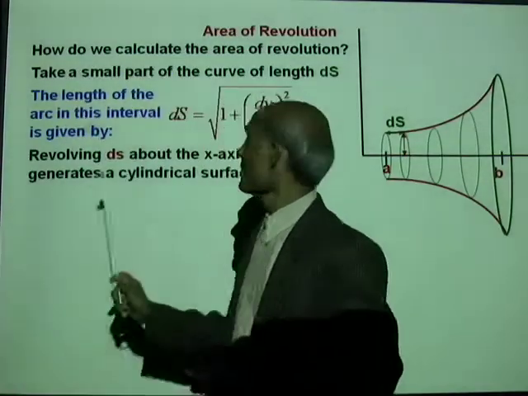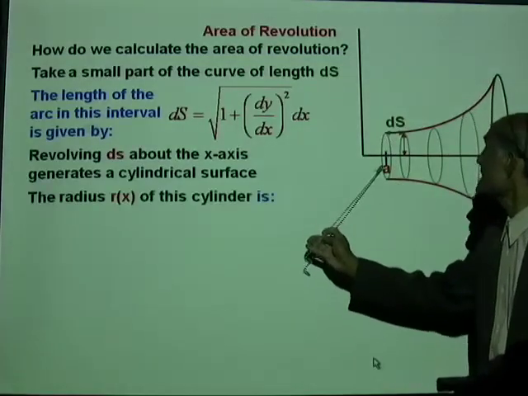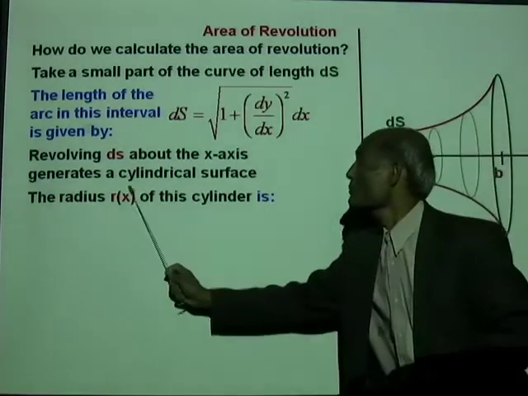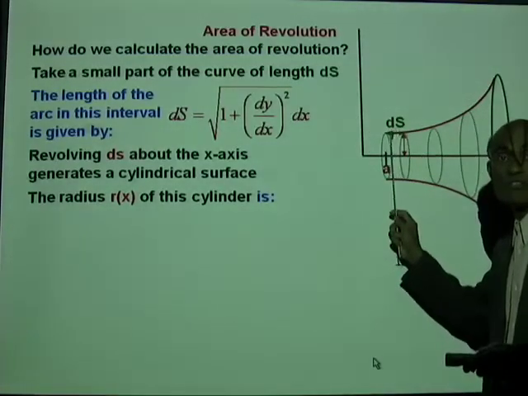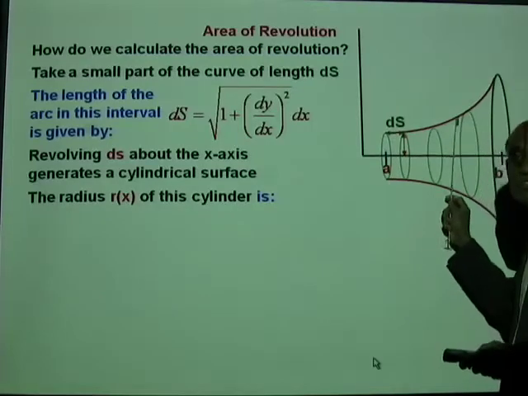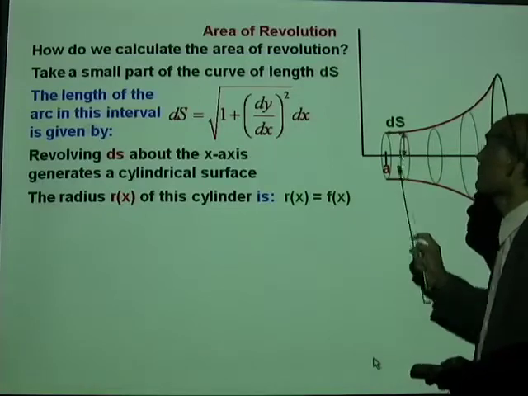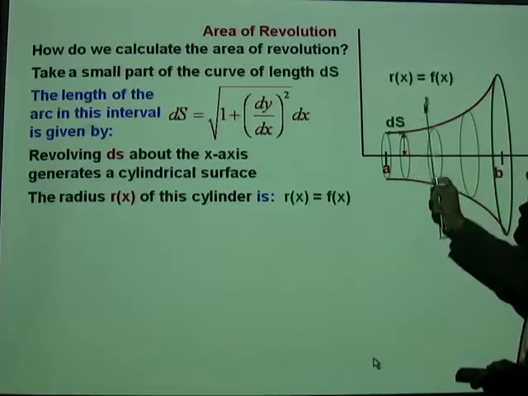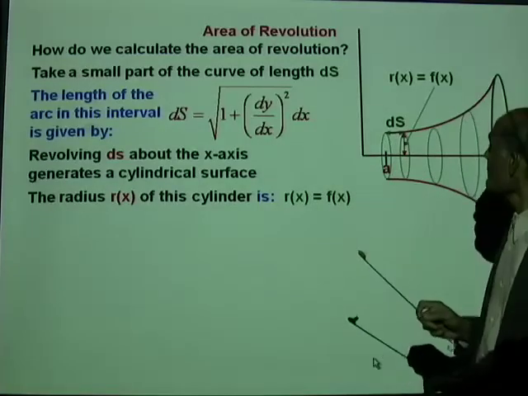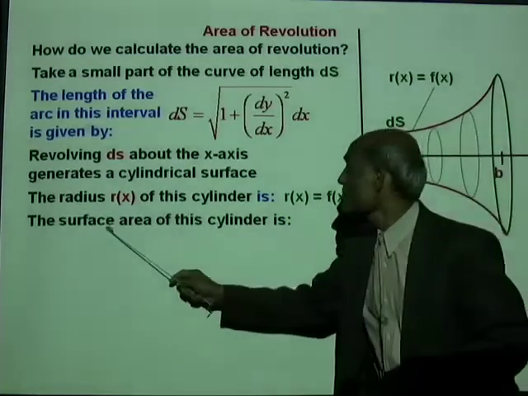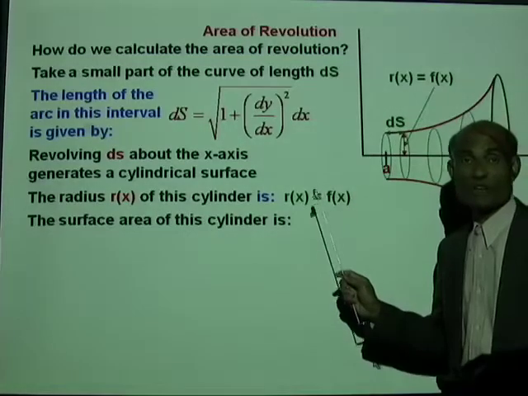So once again, revolving ds about the x-axis generates a cylinder of radius r of x. The radius r of x is that distance, which is the function itself, r of x equal to f of x. So the radius of each of the cylinders is f of x. The surface area of this cylinder, you remember how we got it?